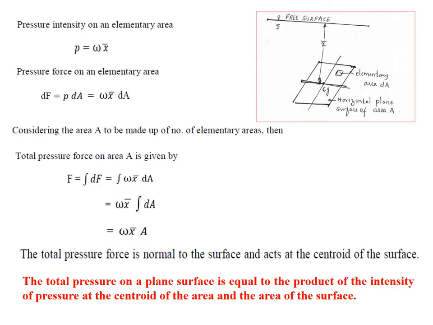Hence remember that the total pressure force is nothing but omega A into x bar. What is x bar? It is the vertical distance of the CG from the free surface, whereas A is the total area of the horizontal plane surface, and omega is the specific weight of the fluid.